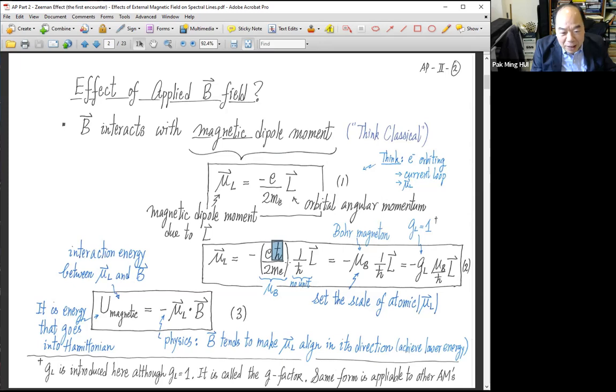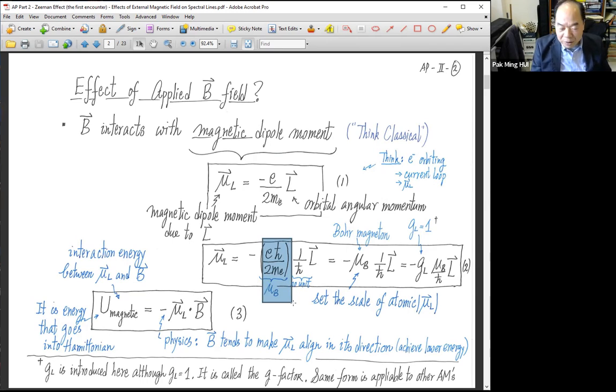I multiply by h bar, I divide by h bar, nothing, right? I've done nothing. But this combination is a very important piece of knowledge for all physics students. First of all, it's a lovely combination of constants. Charge, Planck constant divided by 2 pi, h bar, and then electron mass.